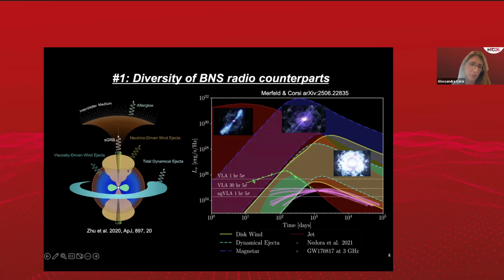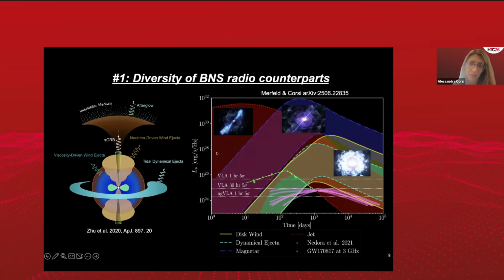So this is a very quick overview just to say that when you go and look for radio emission from the fastest components in that messy ejecta, you have a lot of uncertainty in both the radio luminosities and the radio time scales that you need to probe. In this plot to the right, you see radio luminosity as a function of time and a variety of curves that basically fill in that plane.